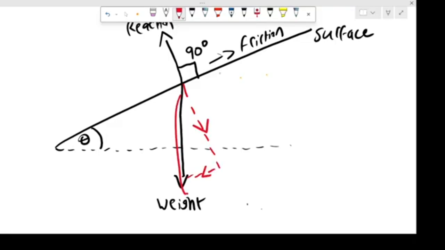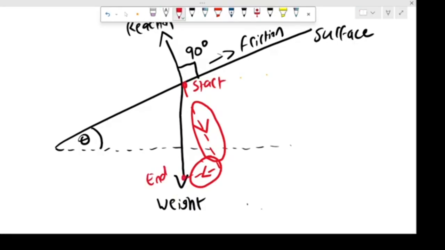So instead of it going straight down, I'm going to take this path, then that path there, and then we end up here. So we can split up the weight into these two different sides.